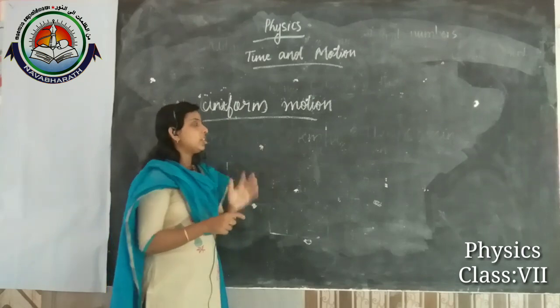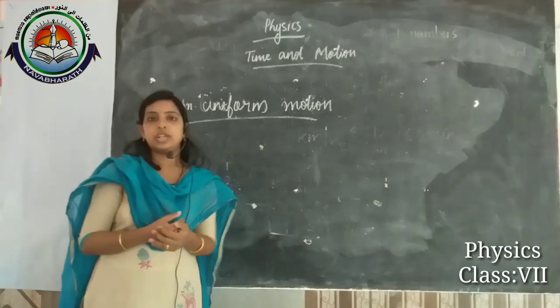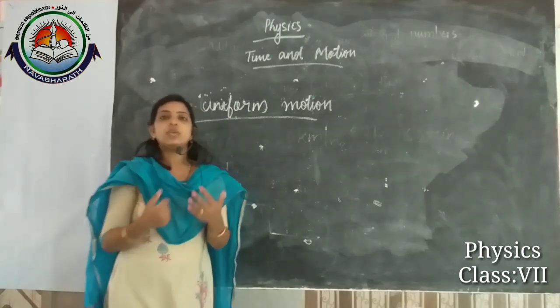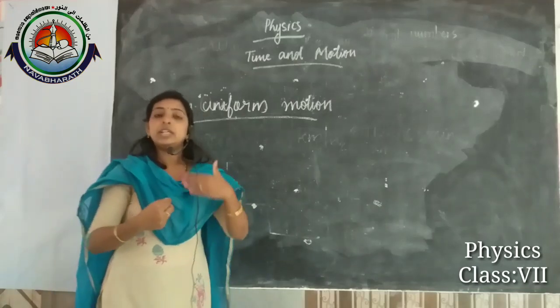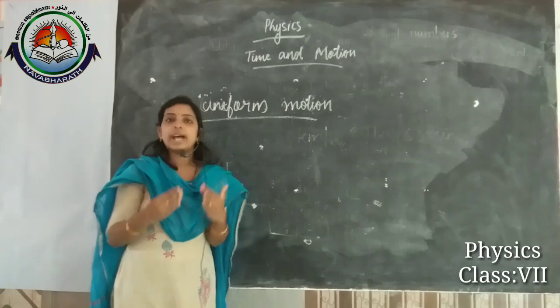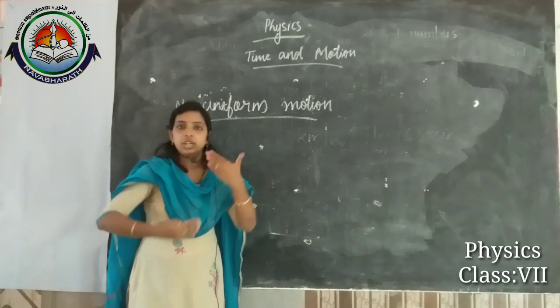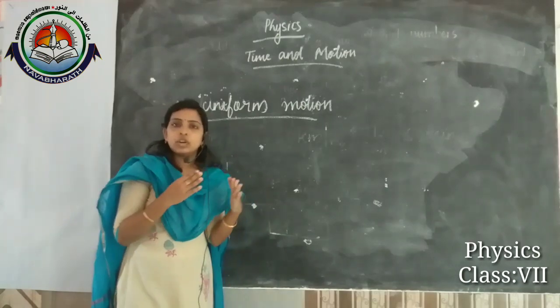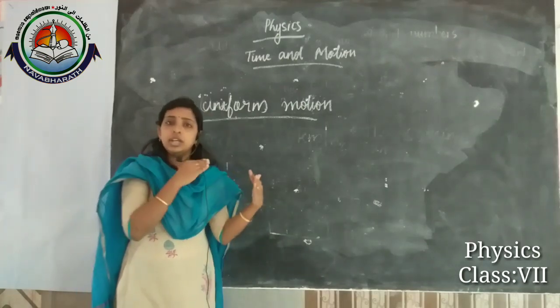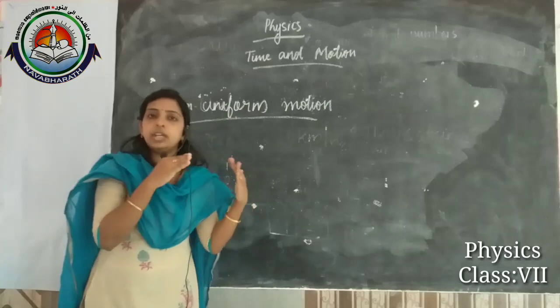For the explanation, we can take the example of a train. When the train starts to move from a particular station, at that time the speed of the train is very slow.